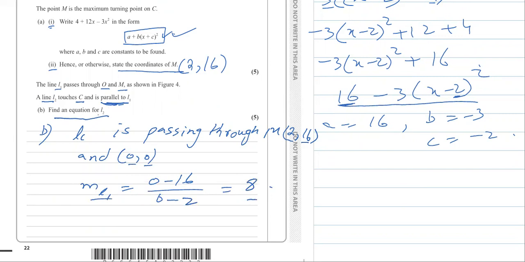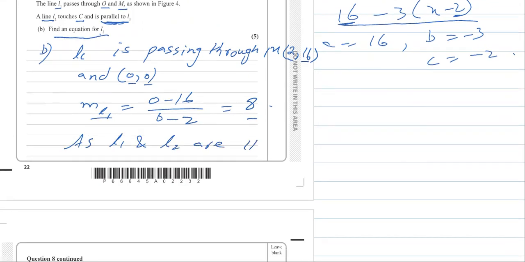As L1 and L2 are parallel, and for two parallel lines the gradient is the same, what will be the gradient of the line L2? It will also be 8, because for two parallel lines the gradients are equal.